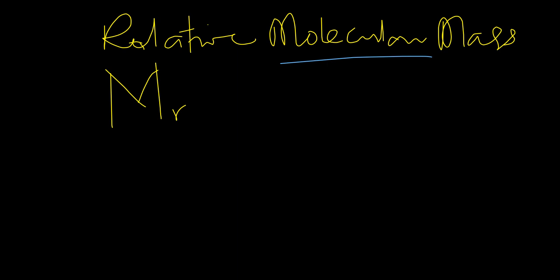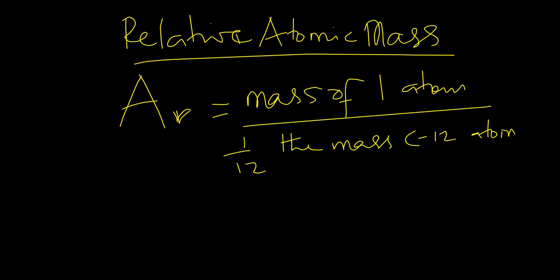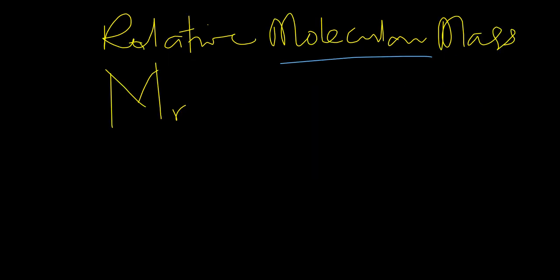Remember, relative atomic mass is at the atomic level. So that's the mass of the atom. Whilst relative molecular mass is the mass of the molecule. So let me give an example. So let's say we have a molecule like H2SO4.